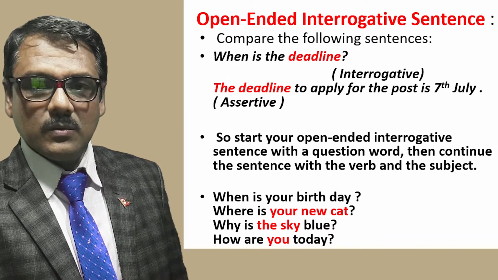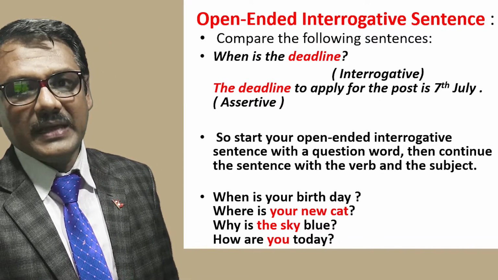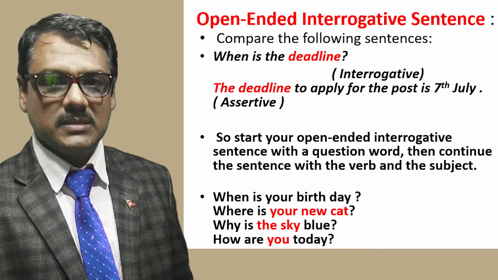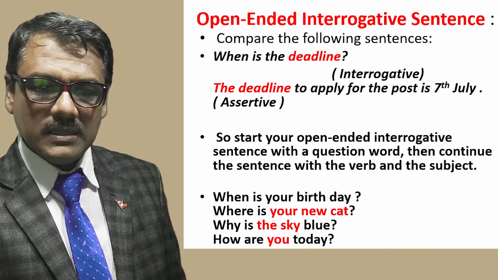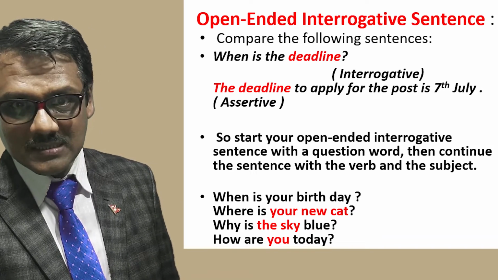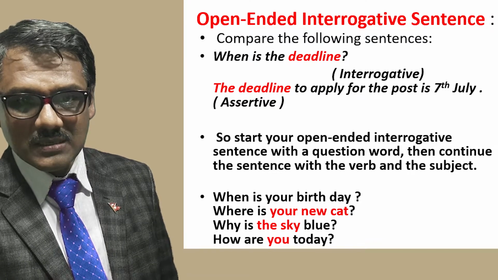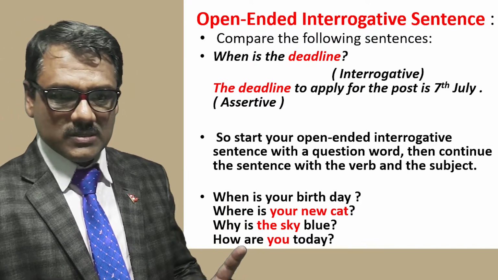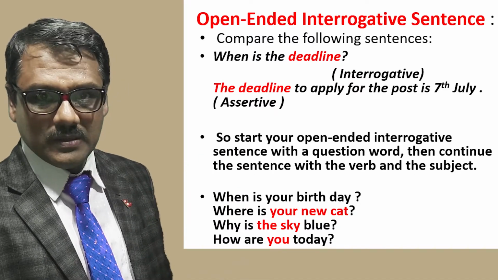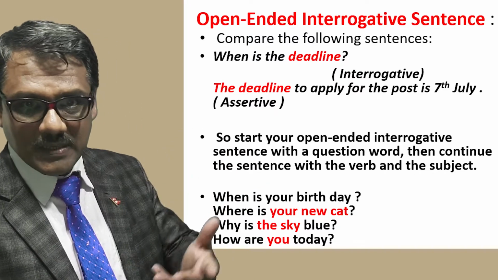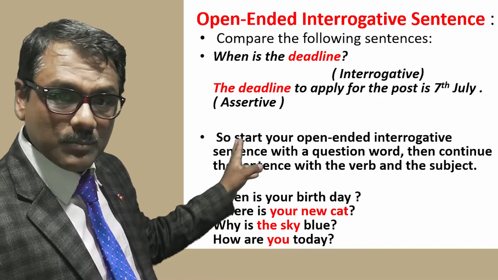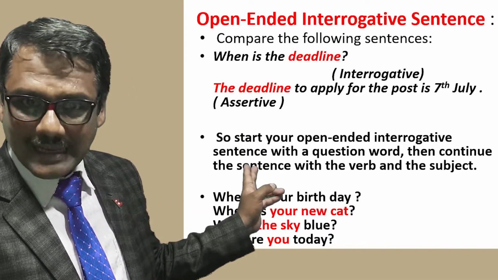Okay, so why is it so? That is the difference between these two sentences. Okay, in the first sentence, when is the deadline? That is an interrogative sentence. If you look at the structure, the same thing is described in bullet 2. Okay, the same thing that I'm going to explain to you now is described in bullet 2. If you look at the bullets, you will be more clear.